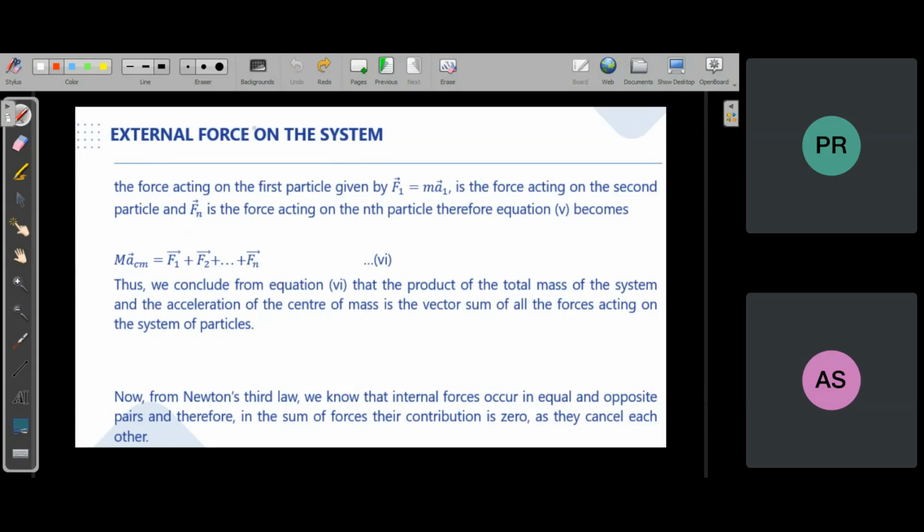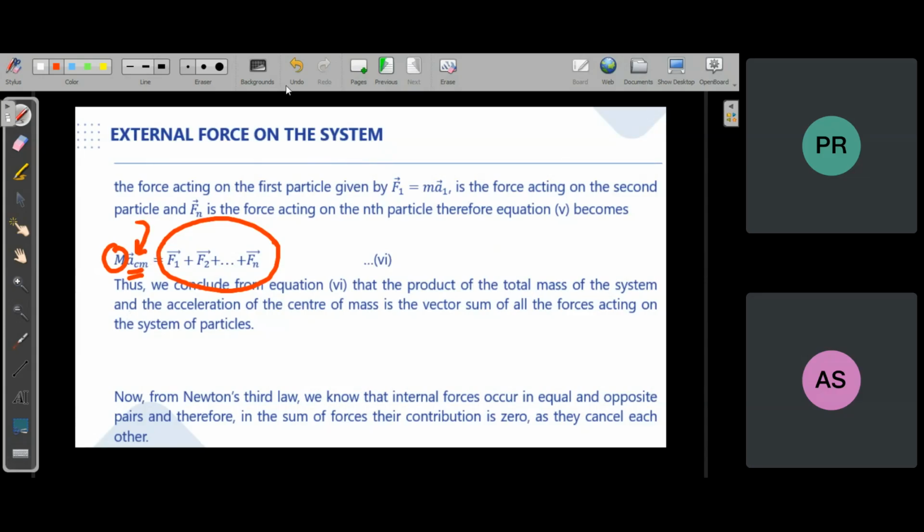Second law for individual particles, you know, m1a1 will be equal to F1, force on particle 1. Similarly, m2a2 will be the force on particle 2. But now here you can see it is the summation of all the forces. So it becomes the total external force on the system, and that is equal to total mass times, most importantly, the acceleration of the center of mass and not of an individual particle.